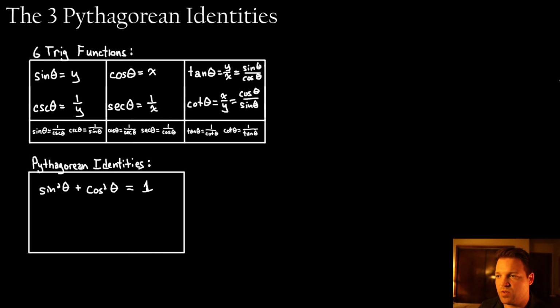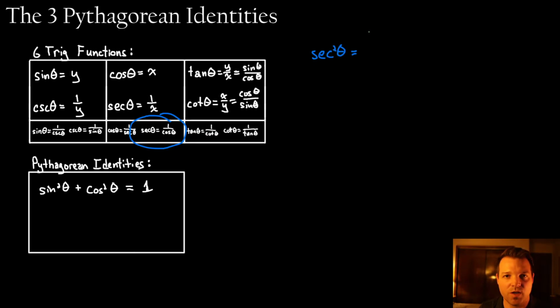Okay, so the one thing I want to mention here, because you're going to have to refer to this quite a bit, is, let me just pick one of these. Since secant of theta is equal to 1 over cosine of theta, let's just pick that one out, right? And I just want to show you, what does secant squared of theta equal?